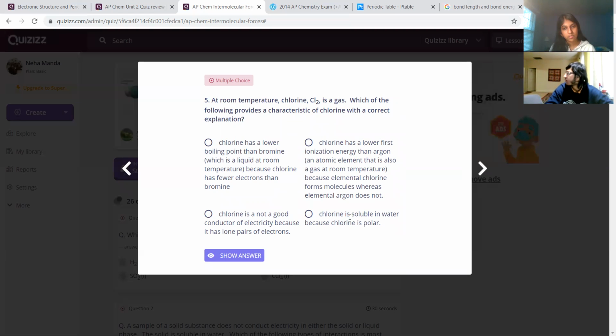The very last one: chlorine is soluble in water because chlorine is polar. Like chlorine itself is polar? I think it's talking about chlorine gas. It's not polar. It's non-polar, so it would be 8. Oh yeah. I was just thinking because it mentioned room temperature and gas. I thought it would be something about boiling point, so I thought yes, it has a low boiling point.